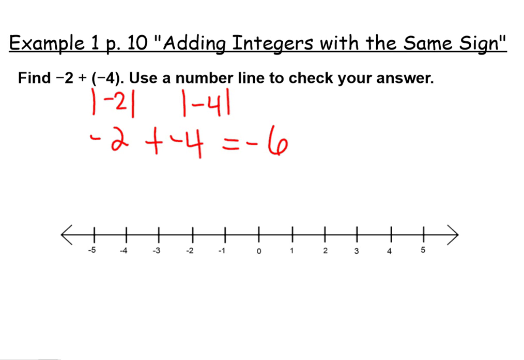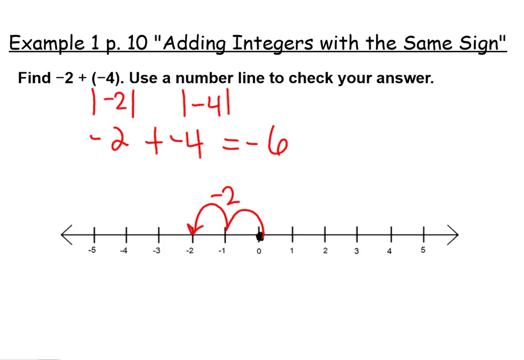Now, let's try it on a number line to check. We always start at 0. That's our starting point. And now we're going to move left 2 spaces to represent negative 2. So 1, 2. Now from here, we're adding negative 4.